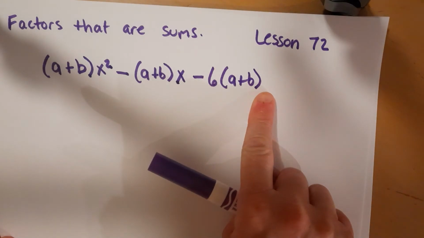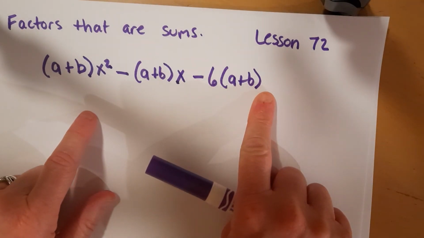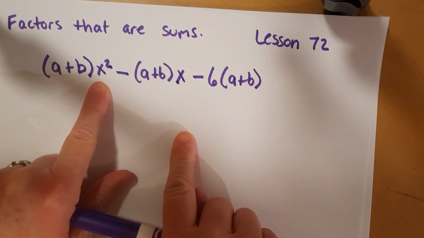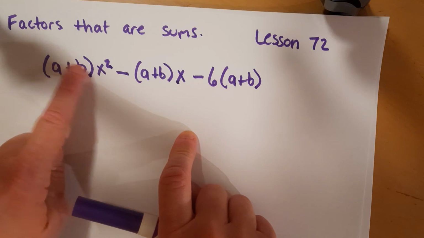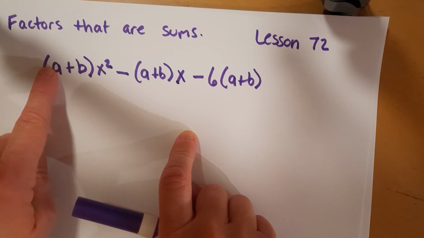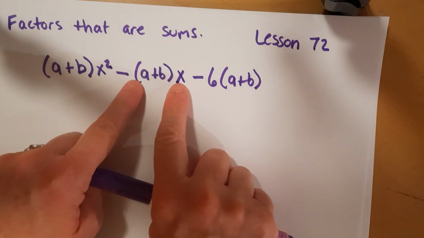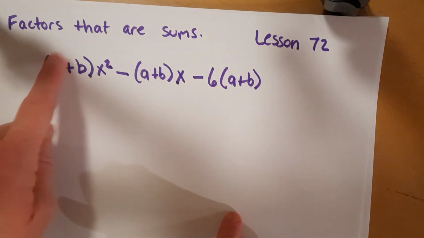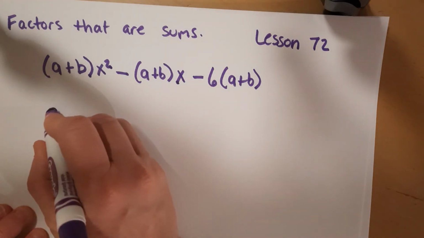It's kind of similar to what we just did. We want to get just the x squared by itself with no coefficient. Right now, the x squared has this as a coefficient, and it is a sum in parentheses. And if we look, this a plus b is found in each of these 3 terms in this trinomial. So we're going to factor that out, do the opposite of the distributive property.